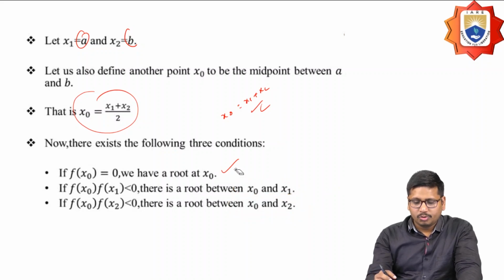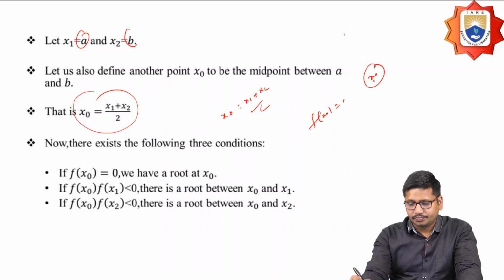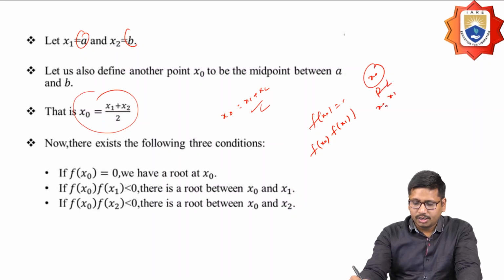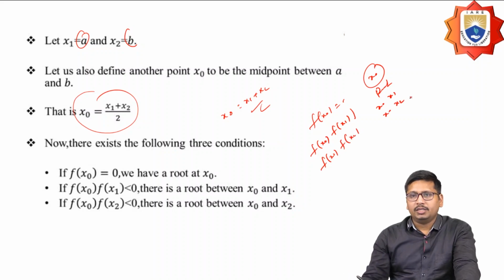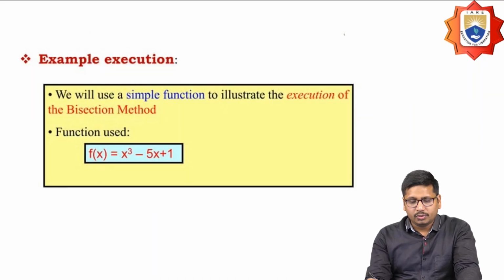These are the three possible conditions. So let us consider one simple example of how we execute this bisection method.